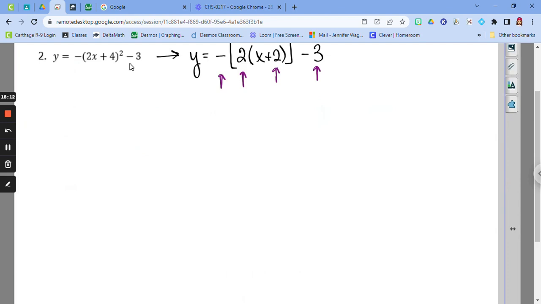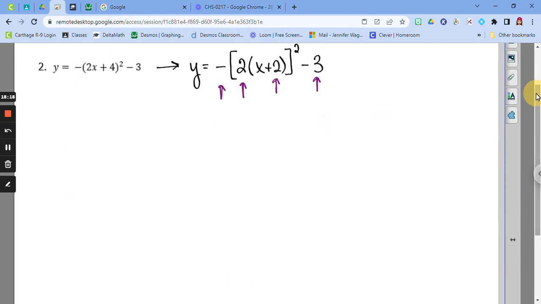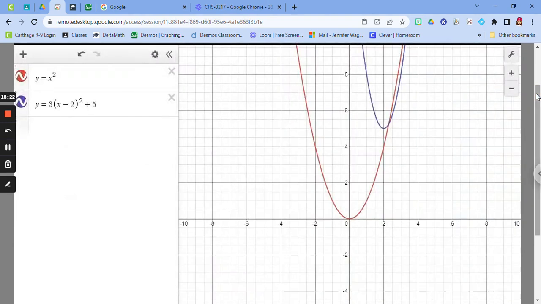So when we're looking at that, again, still same parent function.